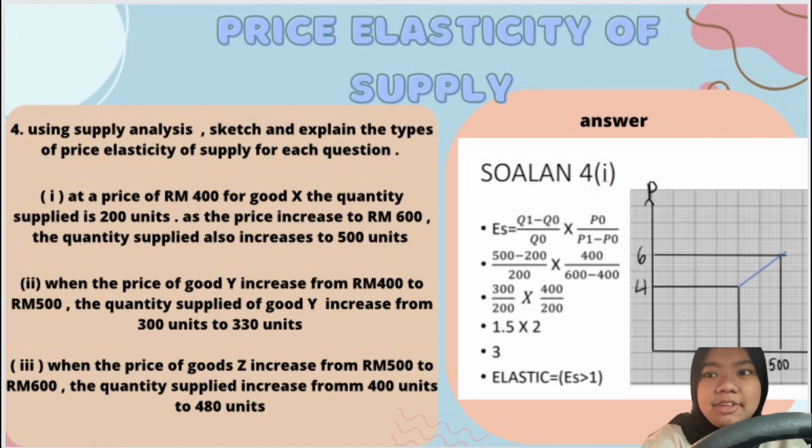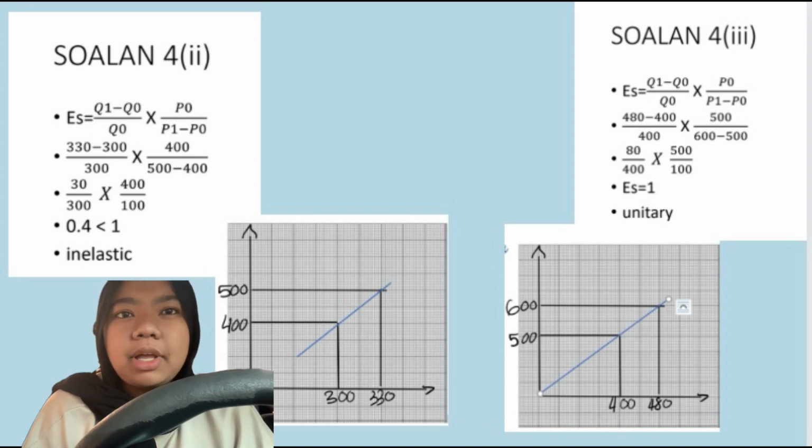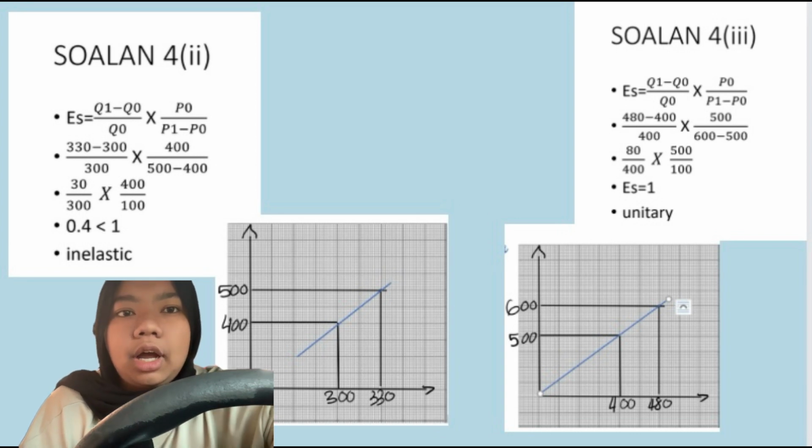So this is the example graph. Number 2, when the price of good Y increases from 400 to 500, the quantity supplied of good Y increased from 300 units to 330 units. So we use the same formula, but we change the numbers.